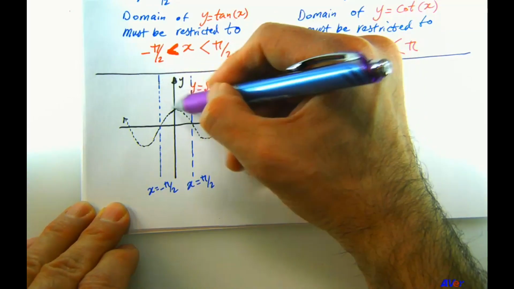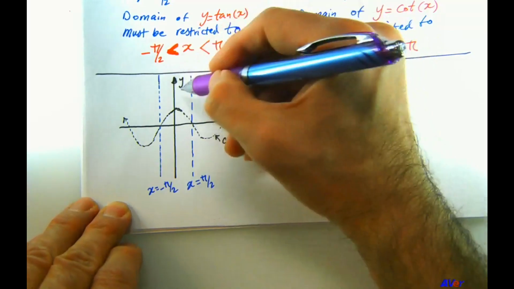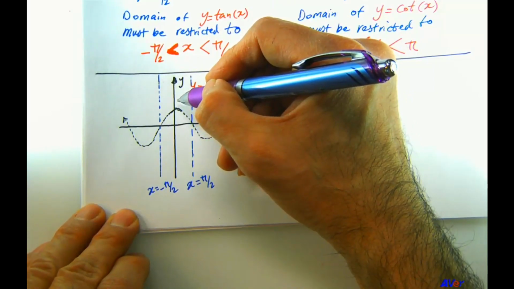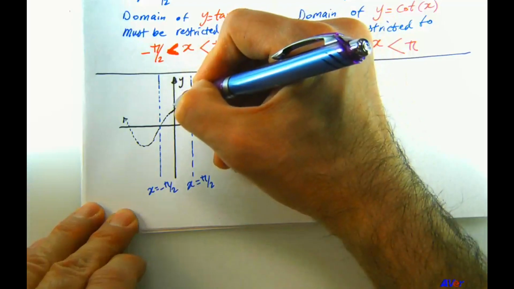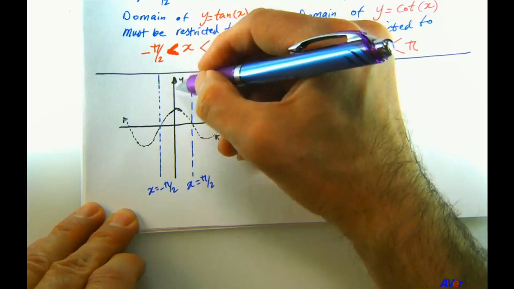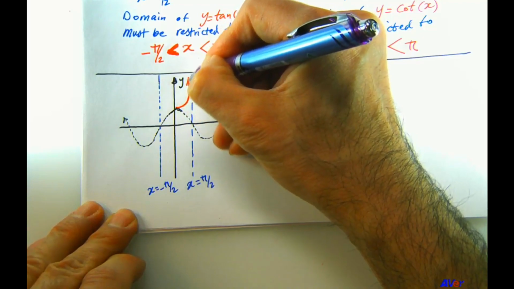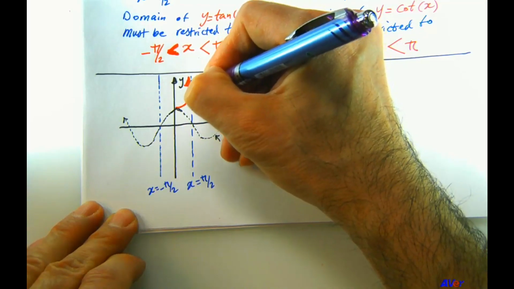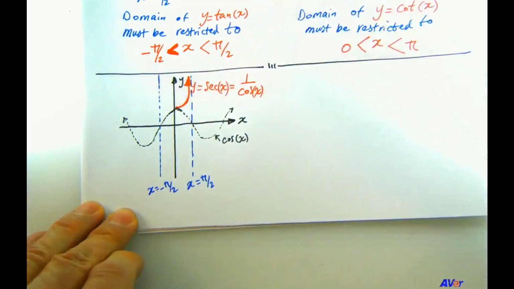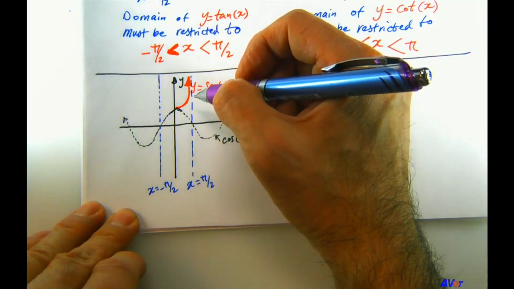But I can't do that. If I draw the full secant graph here, it will fail the horizontal line test. So what I'm going to do is draw this piece of it, like that. I'm not going to draw the other arm because it's going to fail the horizontal line test.